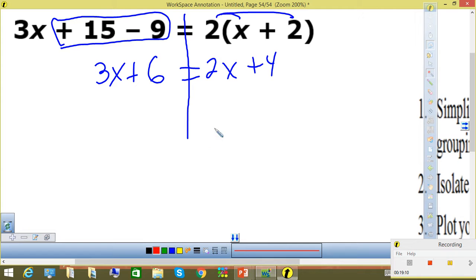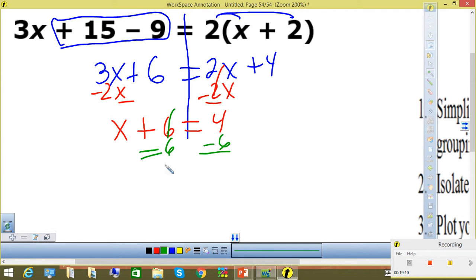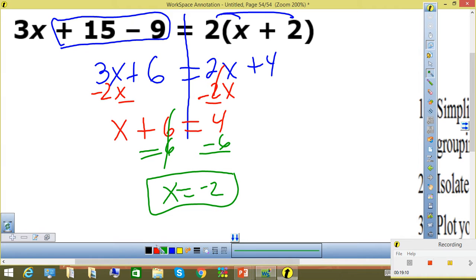Next. And leaves us. Then. Hands if you got x equals -2. That is correct.